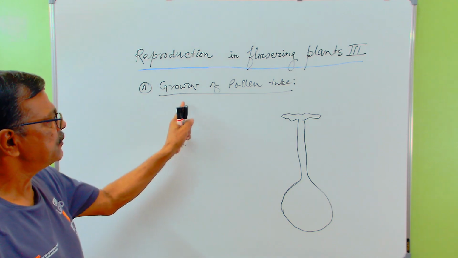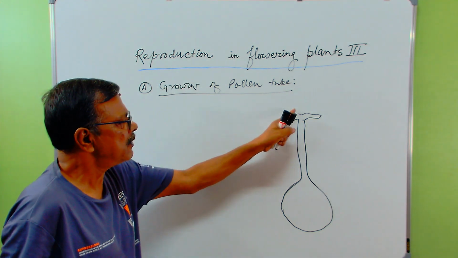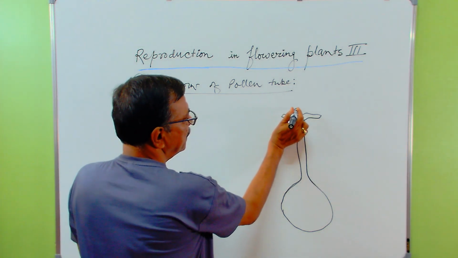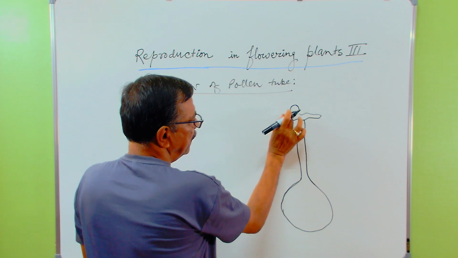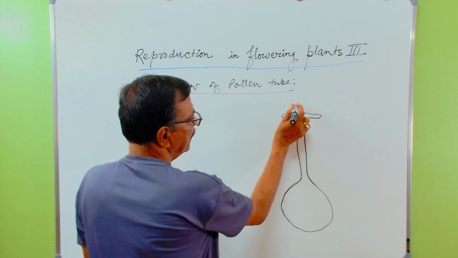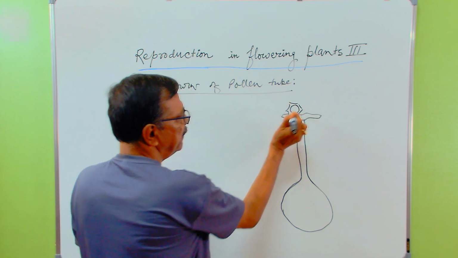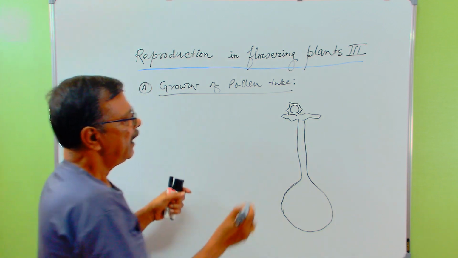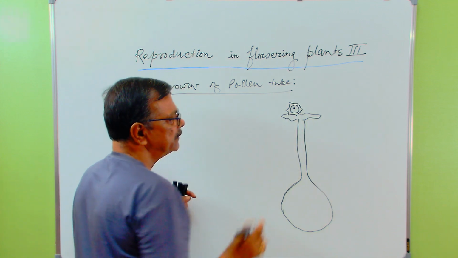The pollen grains which have been produced fall on the stigma. The pollen grains have two layers, the exine and intine. And here the nucleus is there.